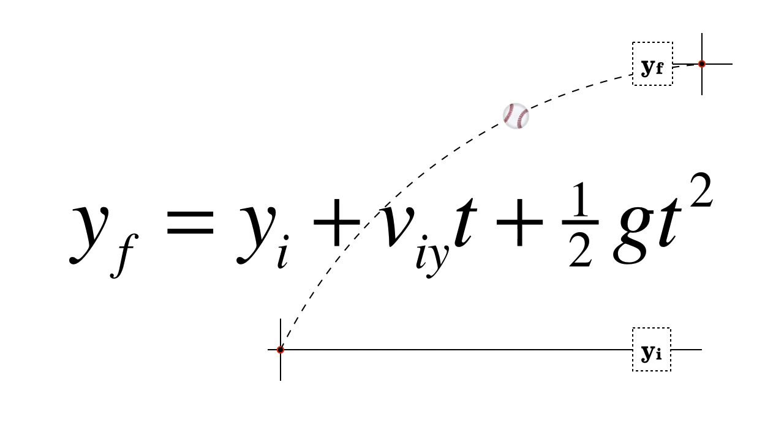At y subscript f, you're at the top of the motion, and the vertical component of the velocity, V_fy, is 0. V_iy is positive 16.2 meters per second or something, whatever it happens to be. It's going to be a positive number.